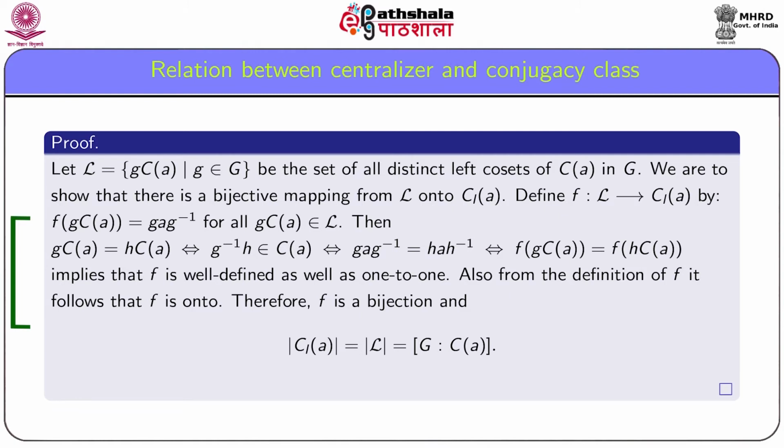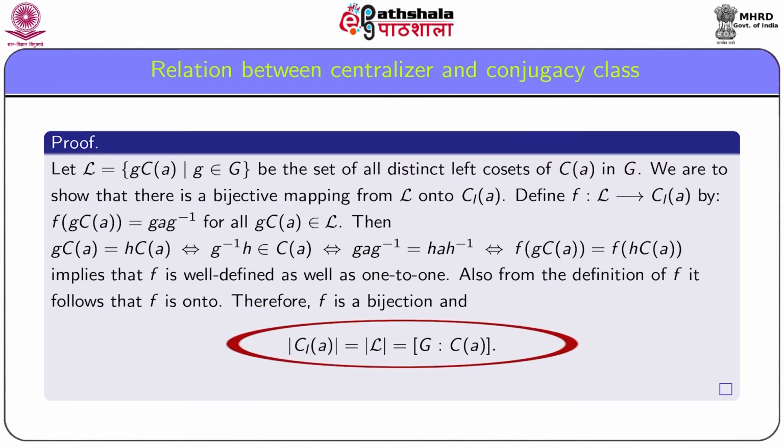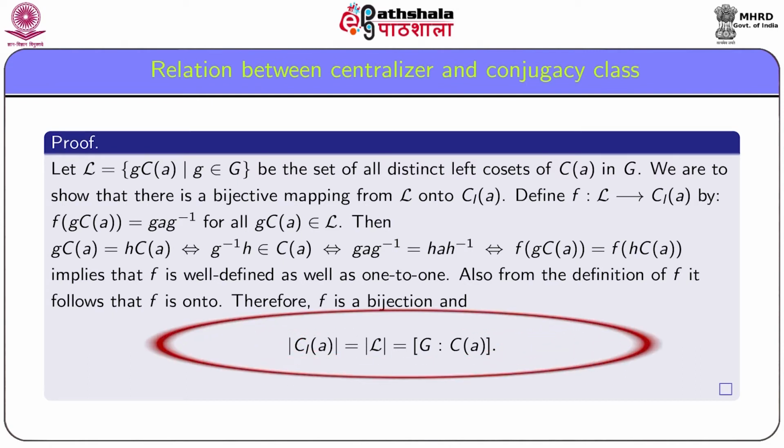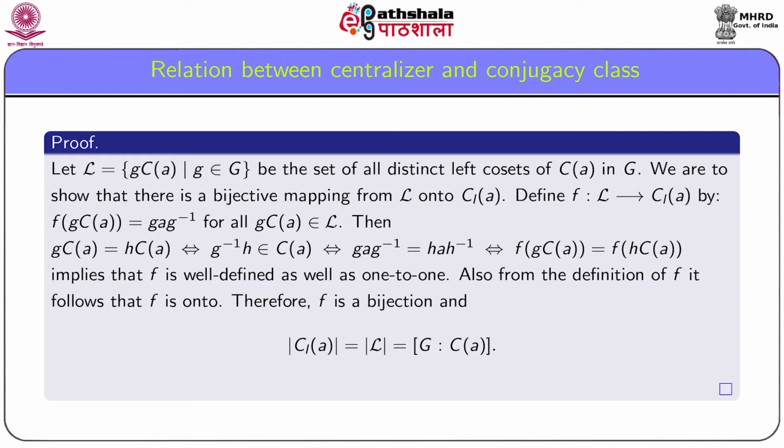This is if and only if the image of gC(a) under f is equal to the image of hC(a) under f. Thus, it follows that f is well defined as well as one to one. Also from the definition of f, it is direct that f is onto. Thus, f becomes a bijection and we get the order of Cl(a) is equal to the order of script L, which is equal to the index of C(a) in G.